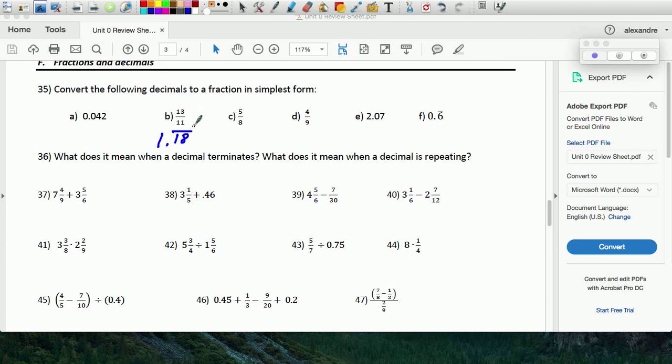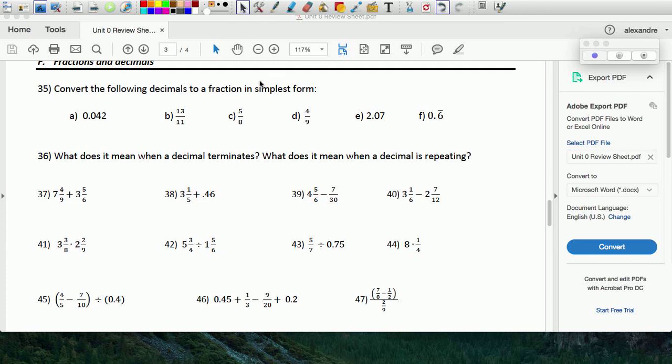So this would be this. The second one would be 0.625. And the last one, 4 divided by 9, would get you 0.4444 forever. So we're just using 0.4 bar notation. Okay, so you just got to divide those, okay?